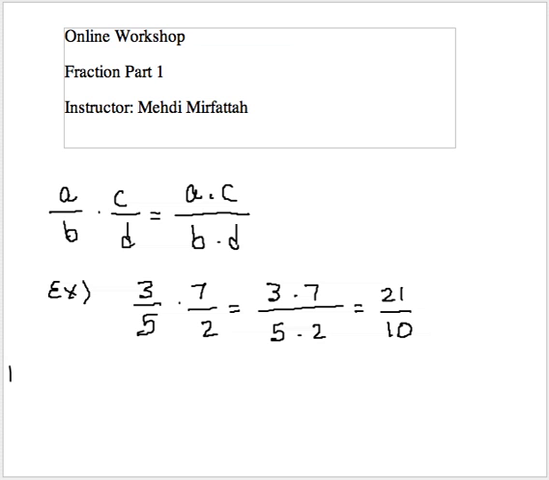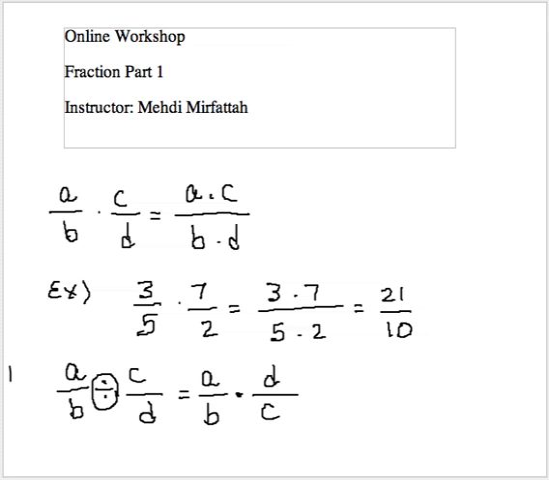Okay. Now we're looking at division. If I have A over B divided by C over D, as you probably know, we have to change the division to multiplication and write C over D as its reciprocal, which is D over C. Notice that the first fraction stays as is, and we proceed the same way.